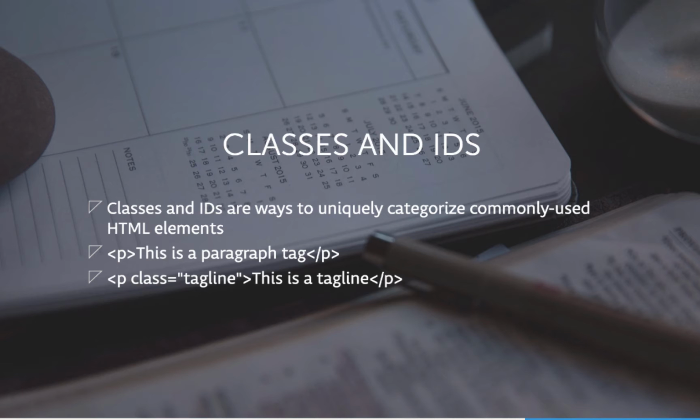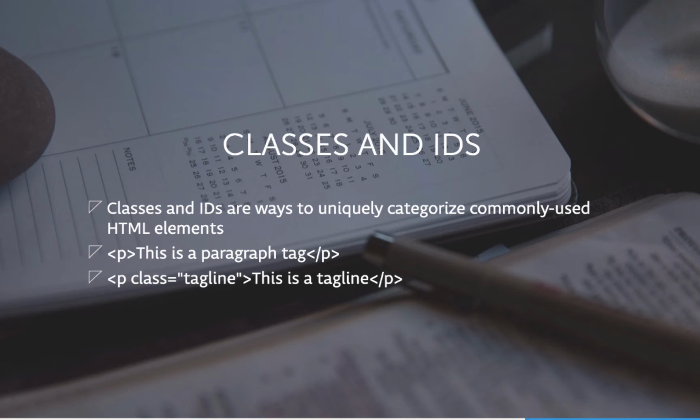You might want to specify one type of paragraph tag from another type of paragraph tag. And the only real way to do this is to introduce a class or an ID. So it's to give a unique category to a particular HTML element.